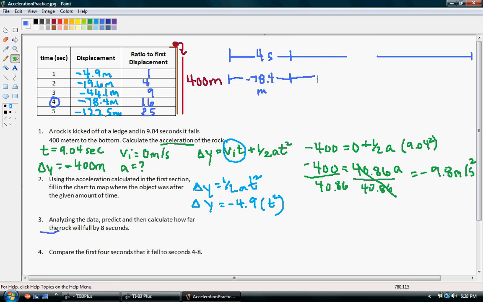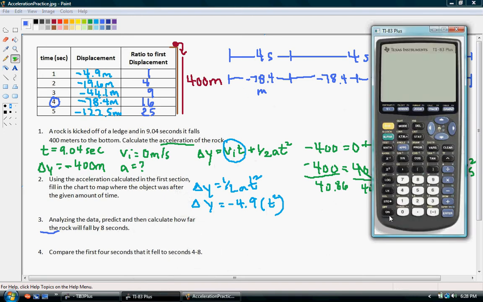So 1, 2, 3, 4 times as far in a total of 8 seconds. So I predict that negative 78.4 times 4 will be our total distance. So I predict that it will have fallen 313.6 meters.